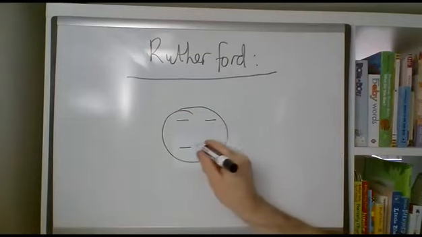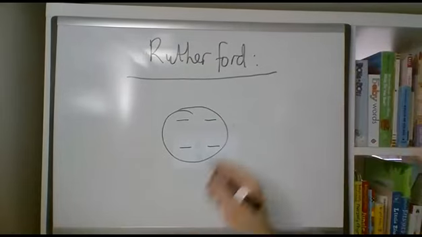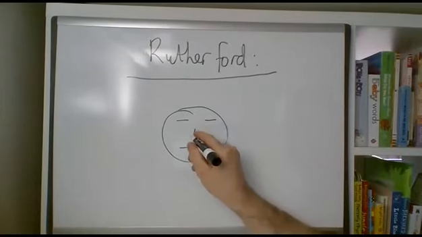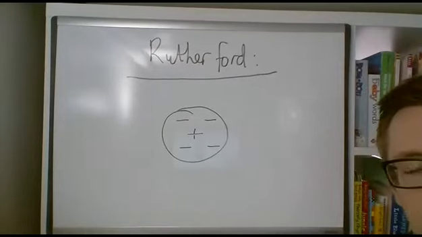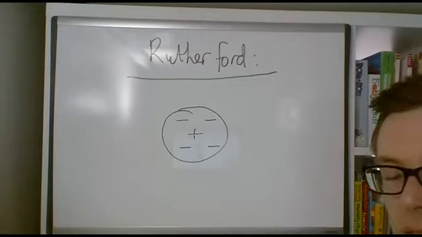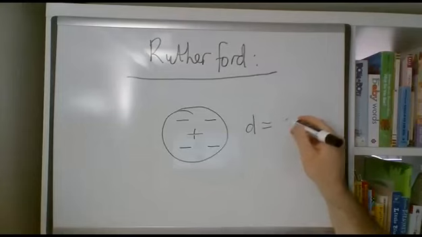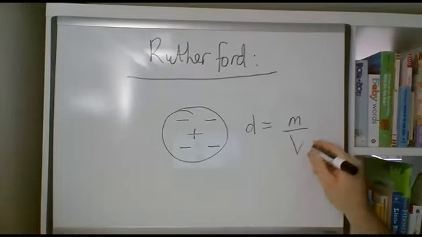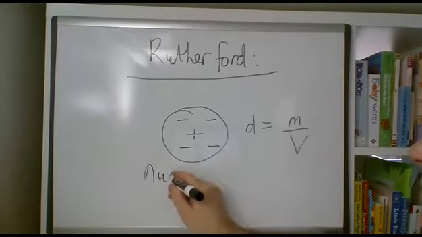Thompson, which was a sphere with electrons in it. And Rutherford just contributed the positive nucleus. That's why it's called the nuclear model, because he identified a region right at the center that was the nucleus. He found that the nucleus had a high density. We know that density is mass per unit volume, and the nucleus has a high density.